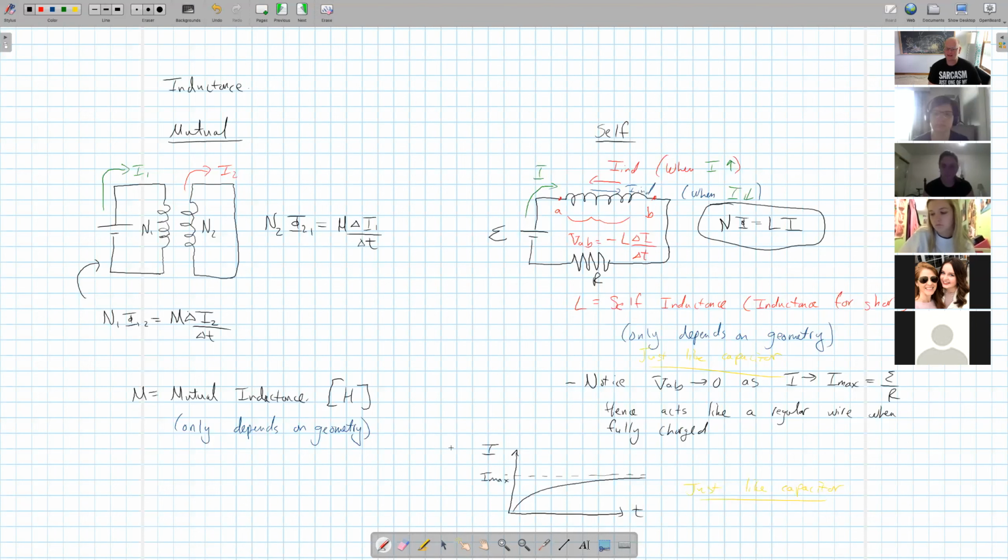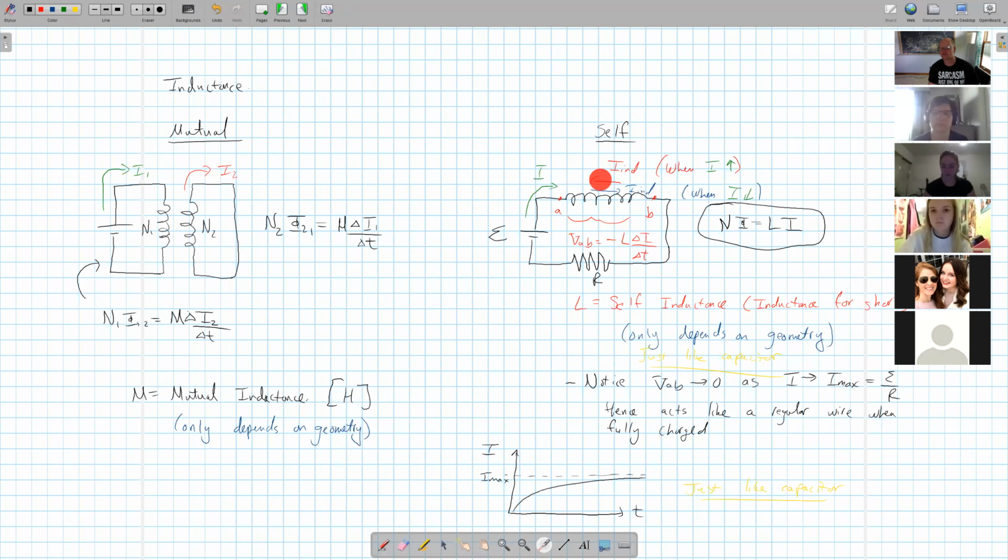If I turn on my circuit so that the current first starts flying out of here, then inside of each one of these different coils, you're going to create a magnetic field due to the fact that this now has a time-dependent current going through it. Let's say the current is increasing. That will then cause all the different coils to create their own currents in the opposite direction, which then forces this to try to push current back in the opposite direction, which means the overall current's going to be lagged.